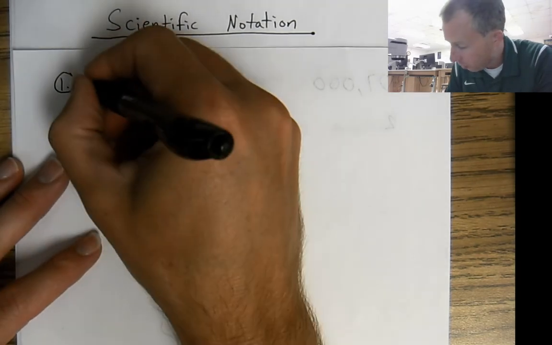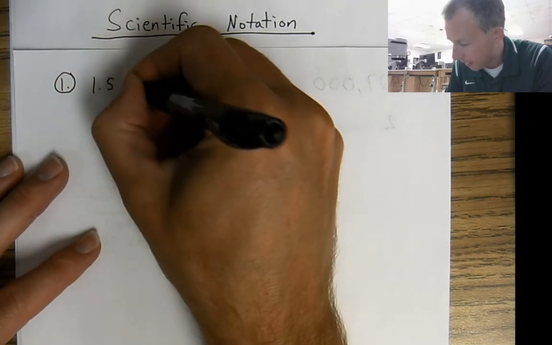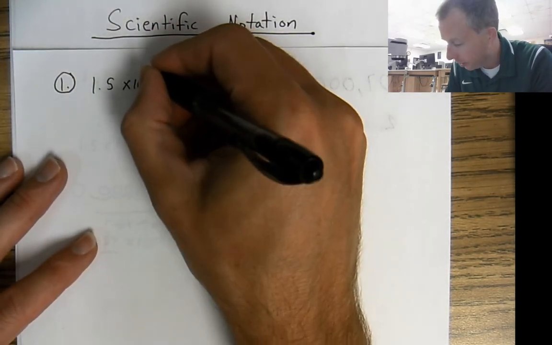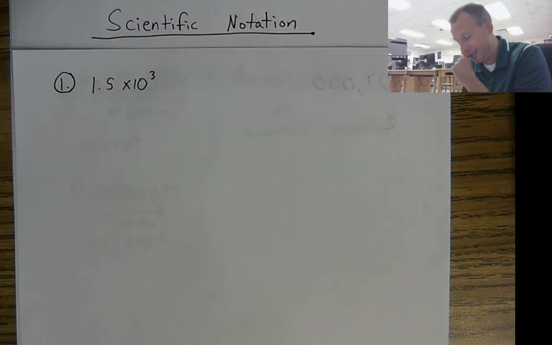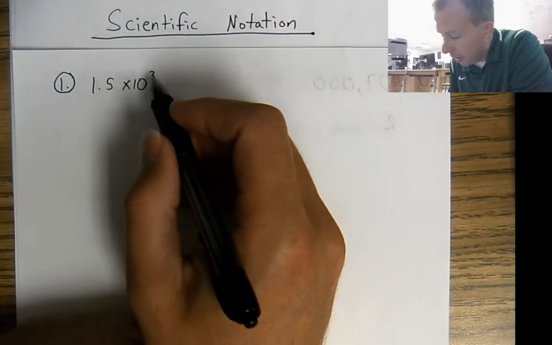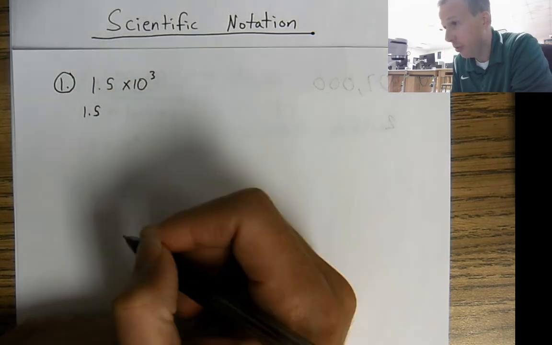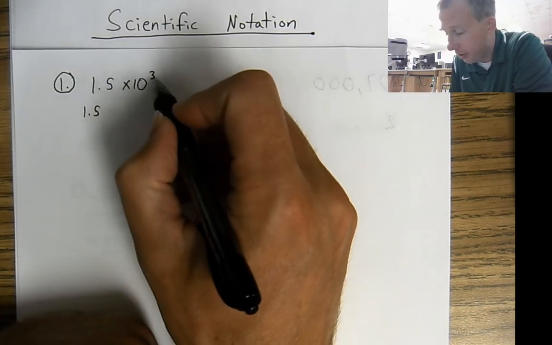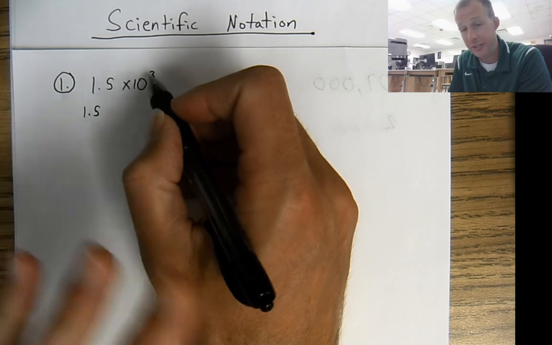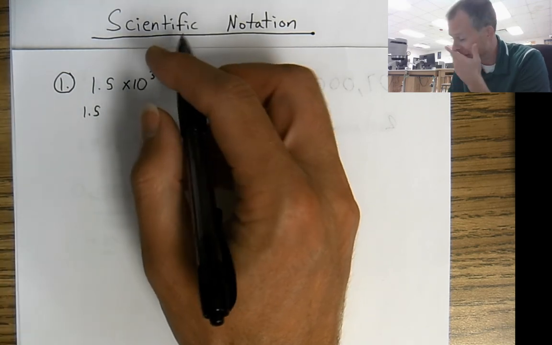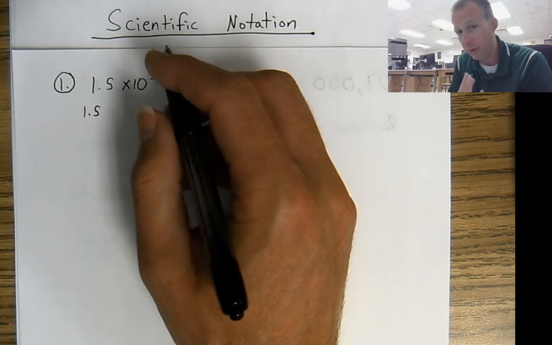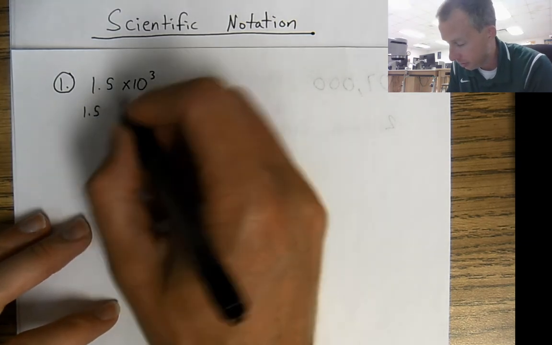So let's say I'll do number 1 directly off of your homework. Number 1 is 1.5 times 10 to the third. I like to write it out again down here. I'm just going to write 1.5, and it's 10 to the third. That means it's positive 3, so we have a number greater than 1. That means we're going to move the decimal this way.